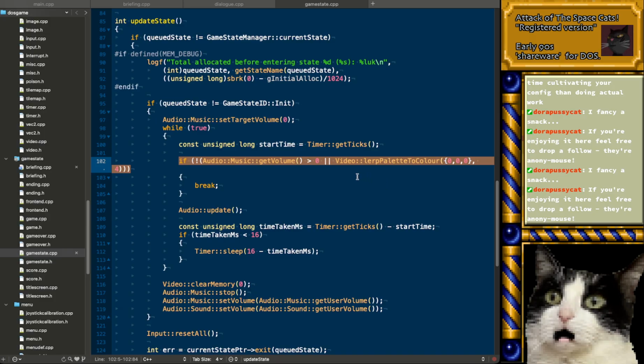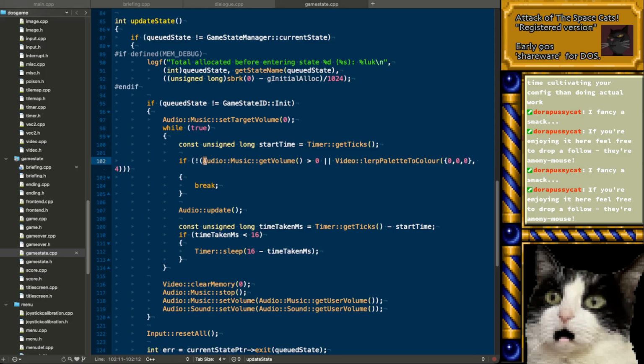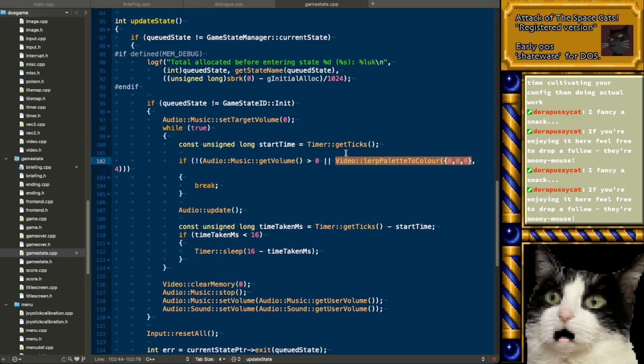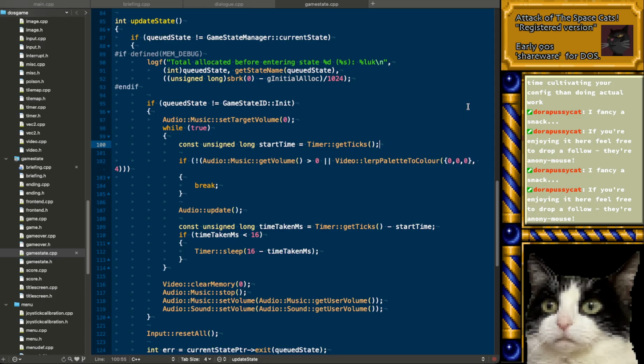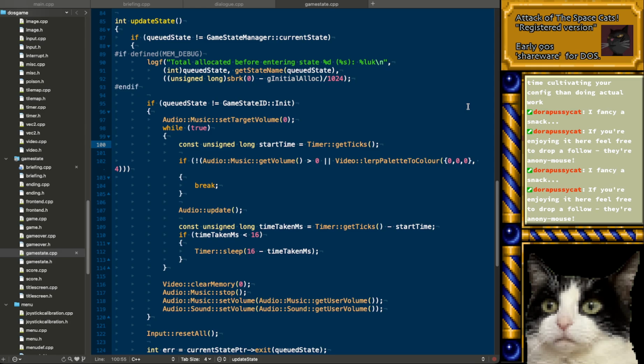And it still has a very subtle, if not bug, then sort of misfeature, which is, because of lazy evaluation, it's going to fade the music out first, and then it's going to fade the palette, which is not what we want. We want it doing both at the same time.